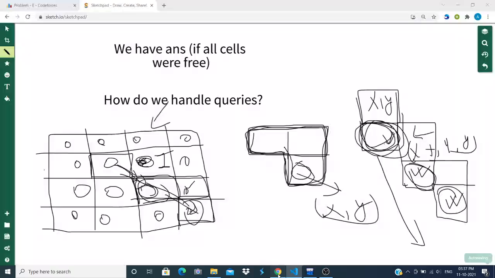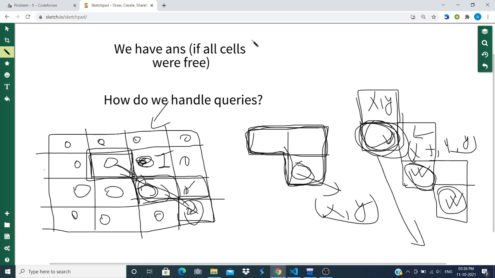So I know that this was a bit complicated, but in short, let me just remind you what we have done. First of all, we have counted the number of staircases which would be present if all the cells were free. Then for every query, we just noted down how changing the value at one cell can affect its neighboring cells or the other cells.